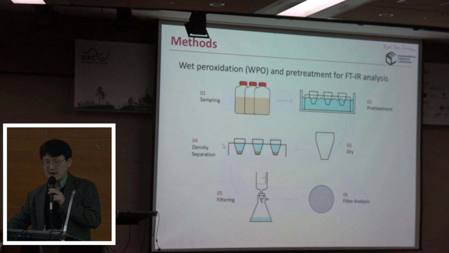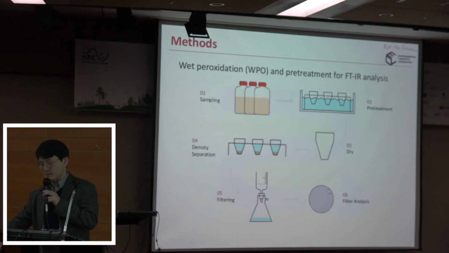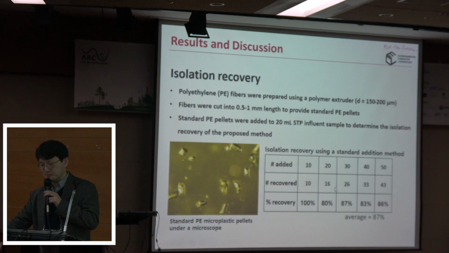Then we add salt, zinc chloride, to the water, increasing the density of the water. The plastics are lighter than the fluid, so they float up, while natural clay and sand particles, which have larger density, settle down. After isolating floating particles, we filter onto a stainless steel filter, and then conduct the FTIR analysis.